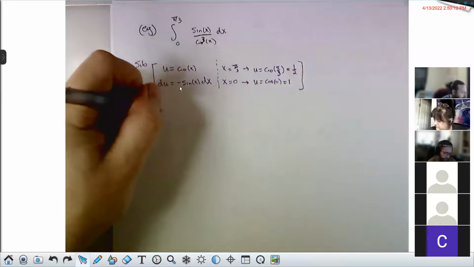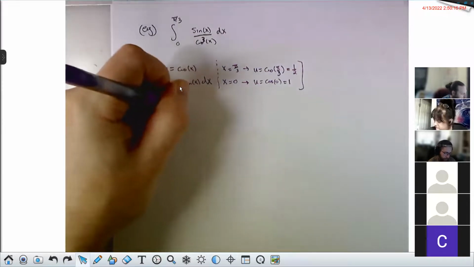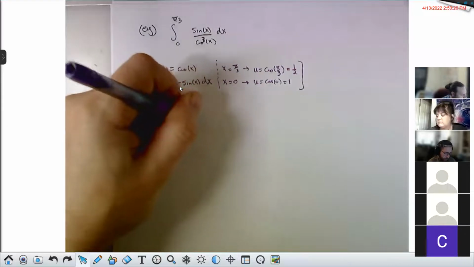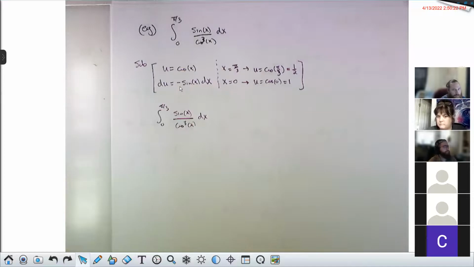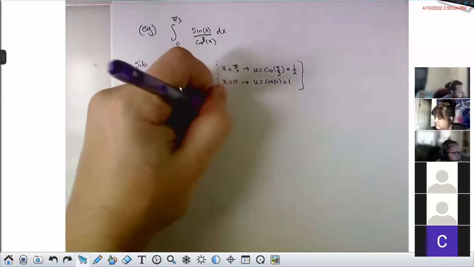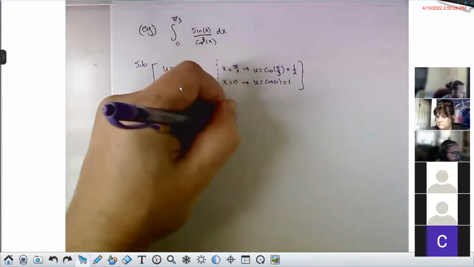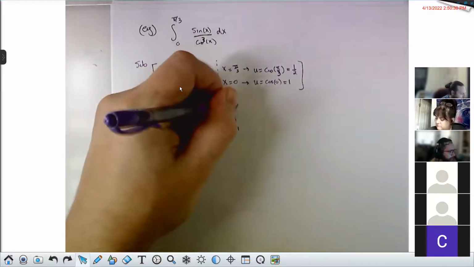So then my integral 0 to pi over 3 of sine x divided by cos cubed of x dx is going to be equal to the integral from 1 to 1/2.